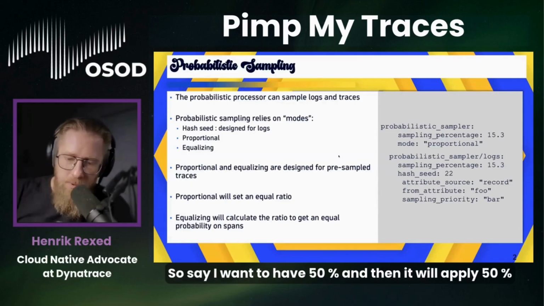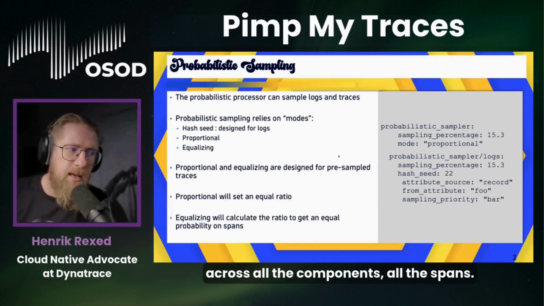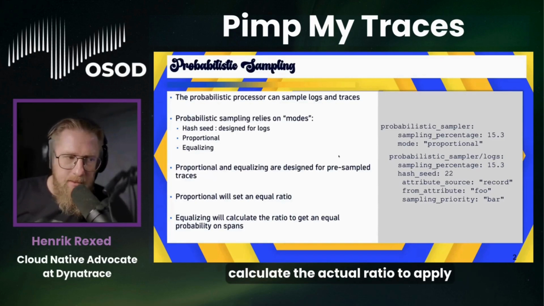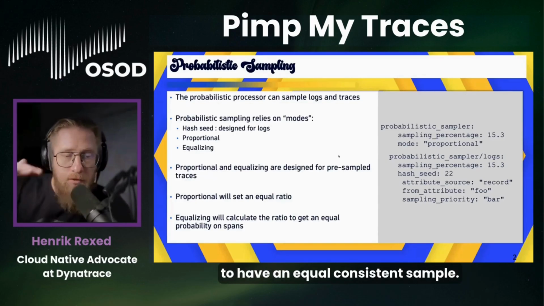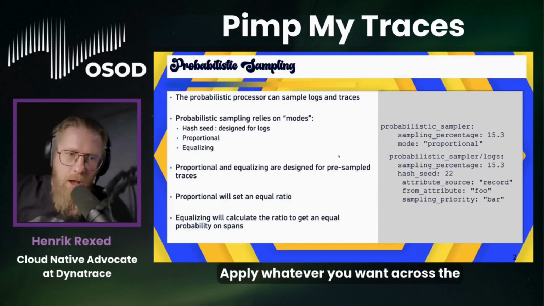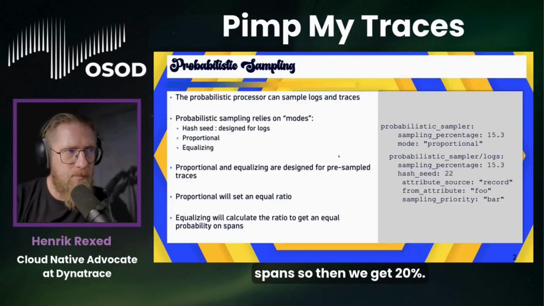Say I want 50%, then it will apply 50% across all the components, all the spans. With equalization, the probabilistic sampler will calculate the actual ratio to apply to have an equal consistent sample. Let's say my target is 20%, apply whatever you want across the spans, so then we get 20%.